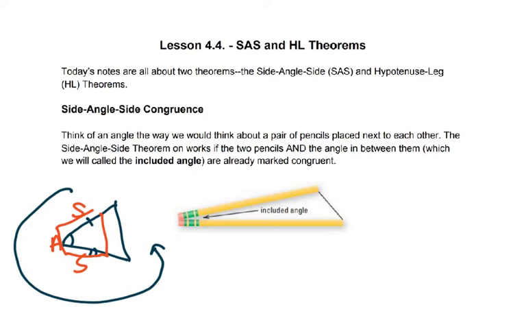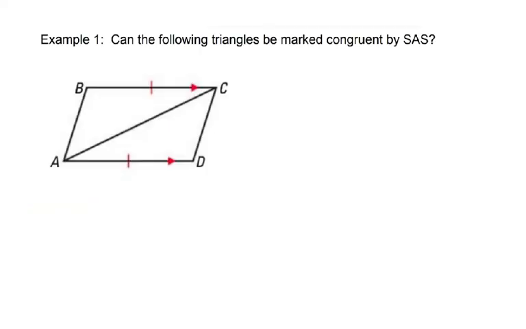That's all we need. So let's ask ourselves, can the following triangles be marked congruent by saying side, angle, side? This is actually the hardest they're going to get, because there's something special going on here. This goes back to two chapters ago. We've got parallel lines here, right? So remember, when we've got parallel lines and we have a transversal that connects them, then the alternate interior angles are congruent.